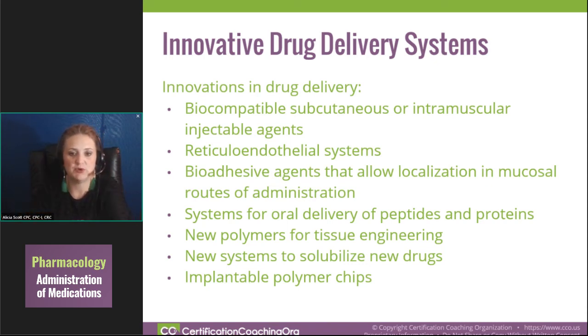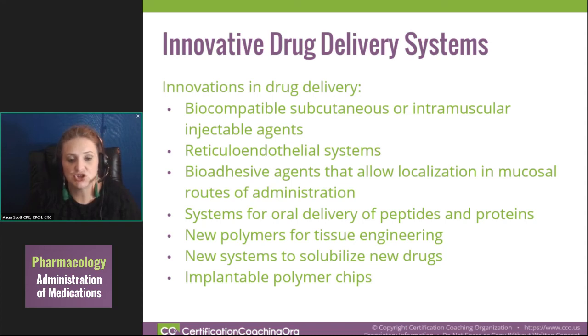That means you can put them on the skin or in the mucosal membranes, and it's literally an adhesive like a Band-Aid, and everything's built into that. Oral delivery with peptides and proteins, being able to administer them. Polymers or tissue engineering is a way to get something into the system. That's really cool that they're doing.